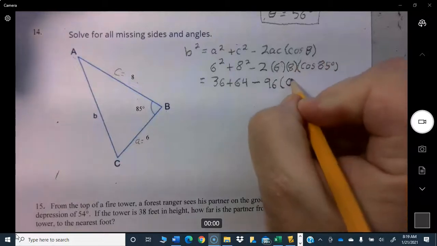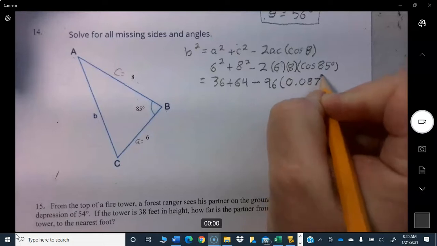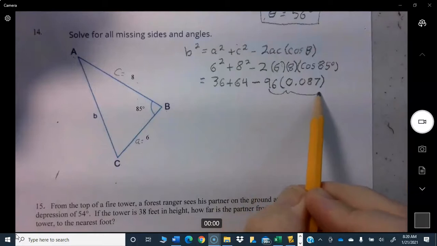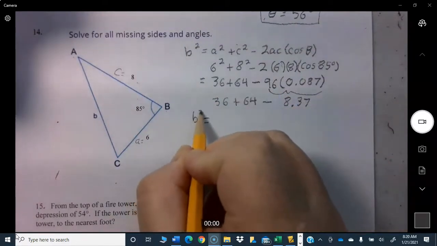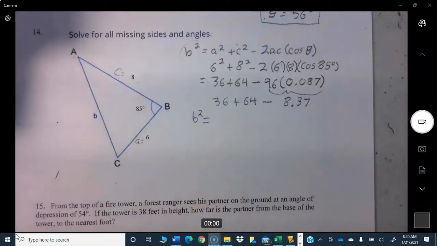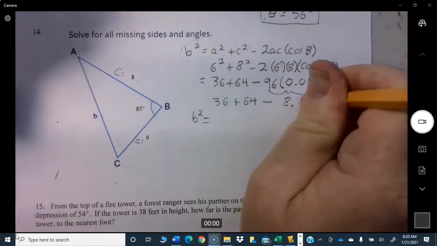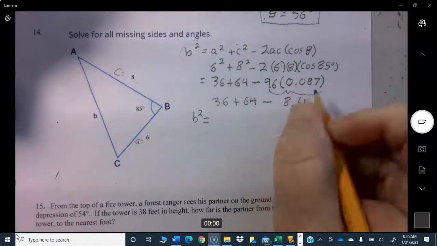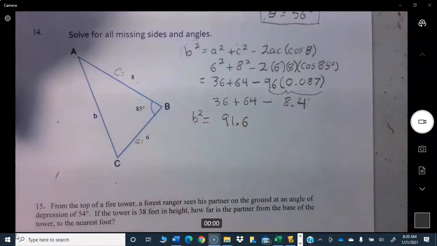And it's this. Now we just do the math on this. We do the multiplication first. Remember, all of this that we're doing equals b squared. I think I rounded this to 4 in class, so let me do that here. If you do that, you end up with 91.6 for all of this.